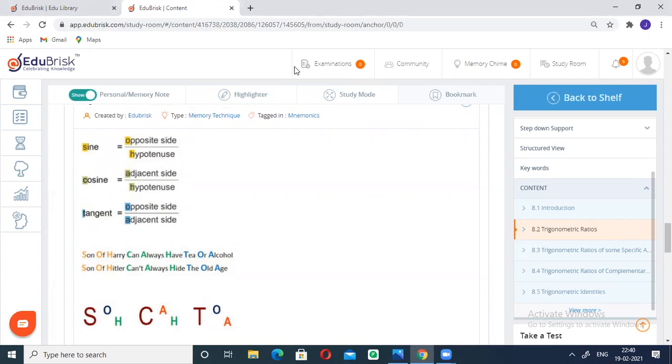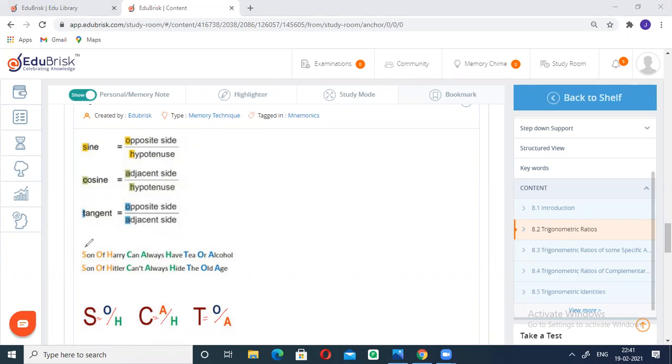You can say so, ka, and ta. So sine is equal to opposite divided by hypotenuse, cos is equal to adjacent divided by hypotenuse, and tan is equal to opposite divided by adjacent.